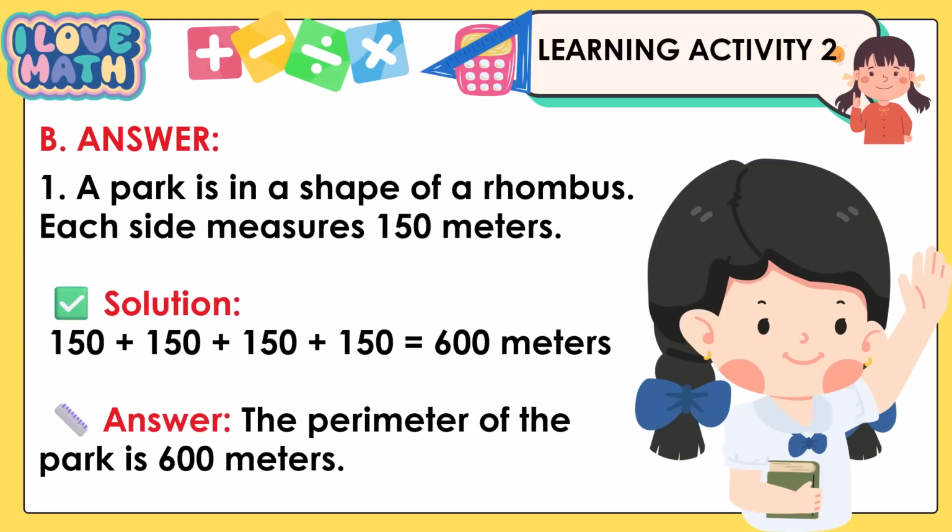Each side measures 150 meters. Solution: 150 plus 150 plus 150 plus 150 is equal to 600 meters. The answer: the perimeter of the park is 600 meters.